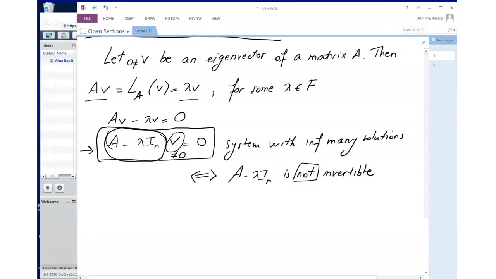What would happen? You're going to just get V equals 0, right? If you multiply by the inverse of A minus lambda identity to the left. And that's wrong. We know that V has to be non-zero. So that will be equivalent to A minus lambda identity not invertible. And in terms of the determinant, there is an equivalent way to read being not invertible: it is equivalent to the determinant being 0.